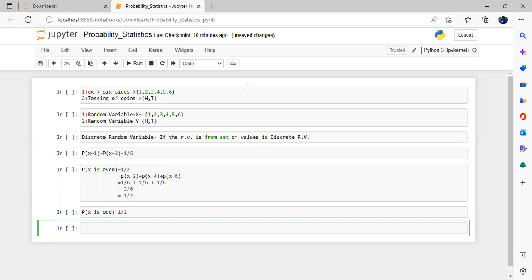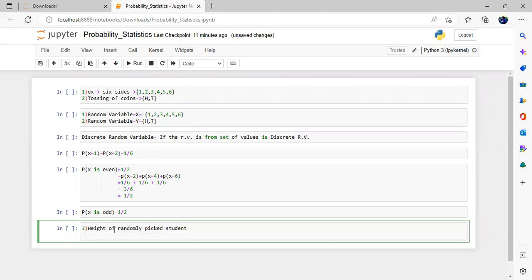Okay. So the continuous random variable part remains. The height of randomly picked students, for example, if we take the third example. Pick a student.